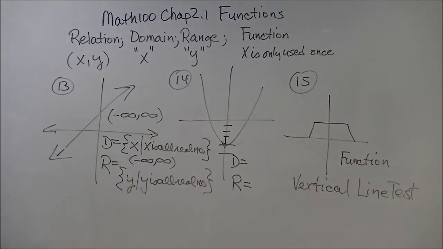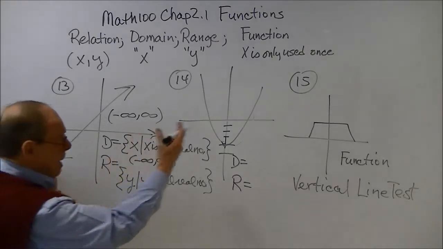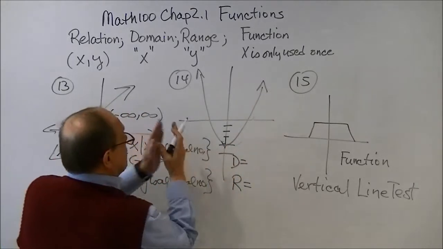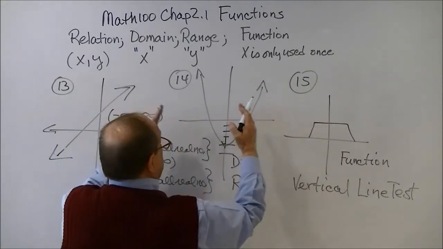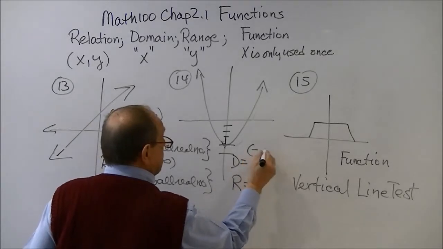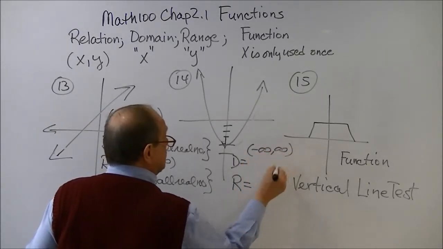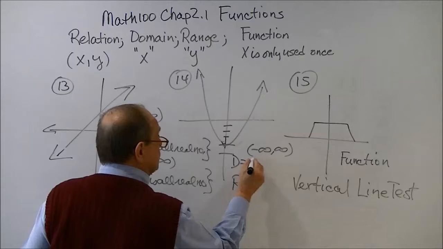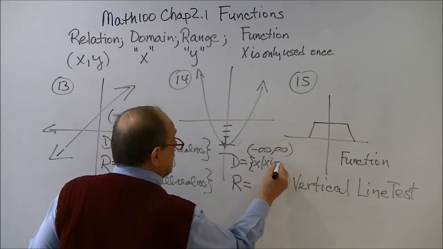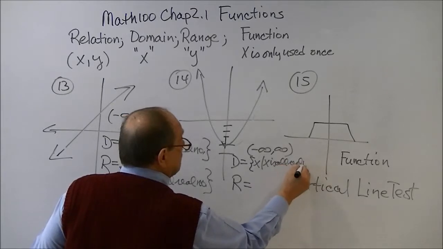Okay, in number 14, you have a parabola. So, again, from left to right, it's going to go from negative infinity to positive infinity, or in set builder notation, x is such that x is all real numbers.